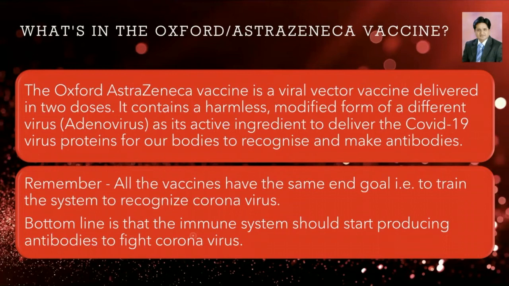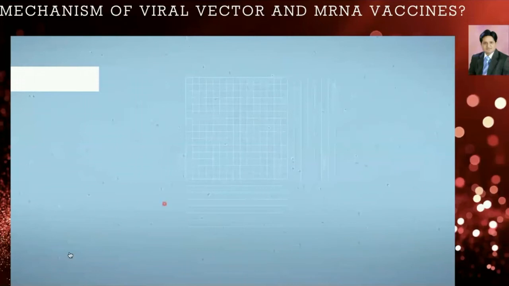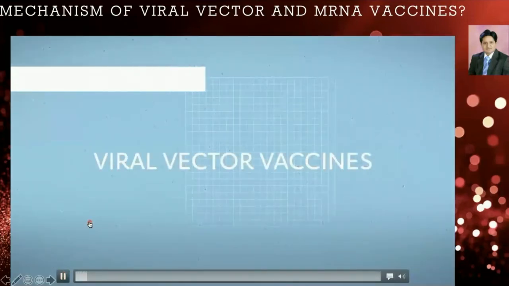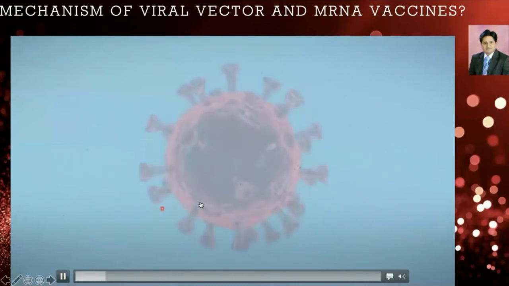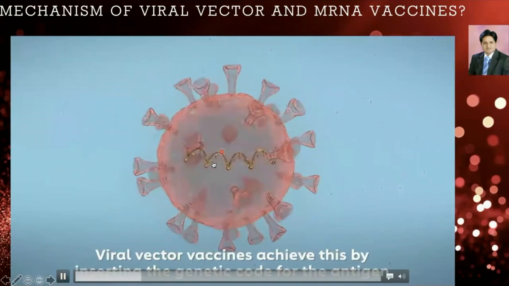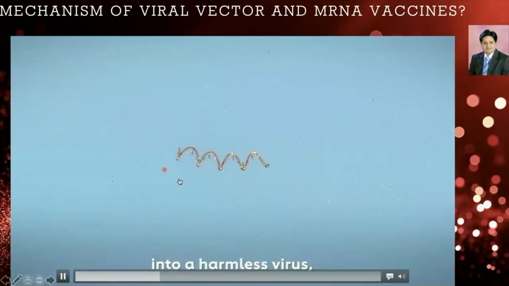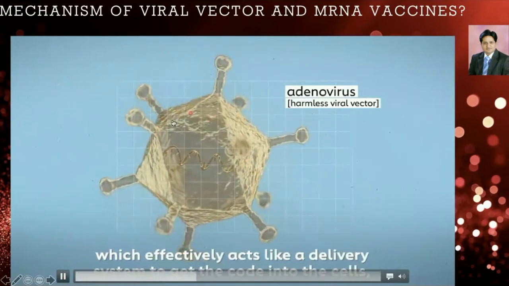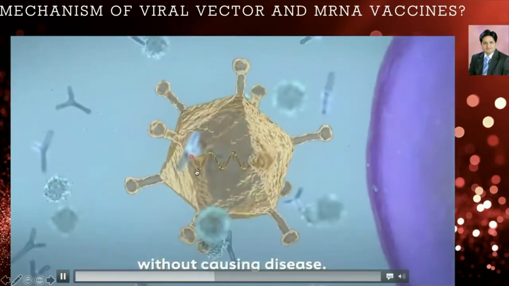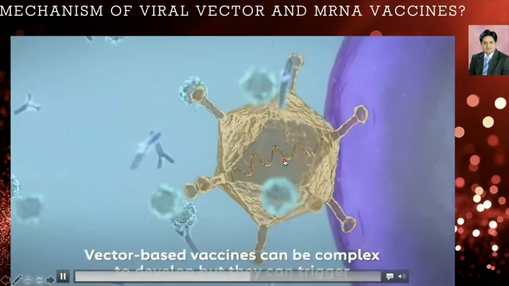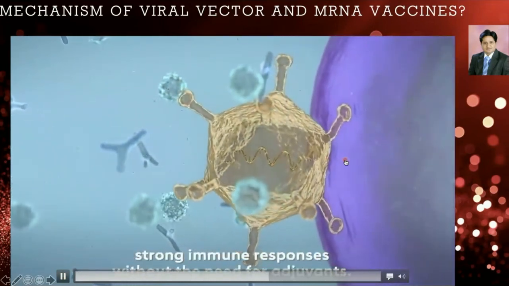So let's have a visual analysis of the viral vector vaccine. In a viral vector vaccine, the genetic code for the antigen is inserted inside a harmless virus called adenovirus, which acts as a delivery system to get the code into the cells.